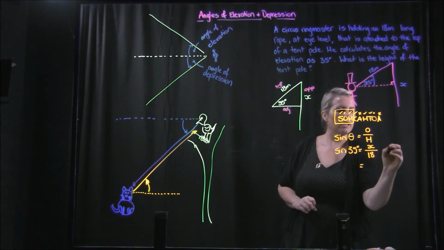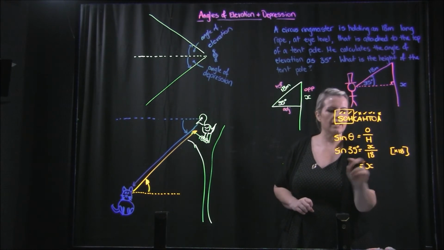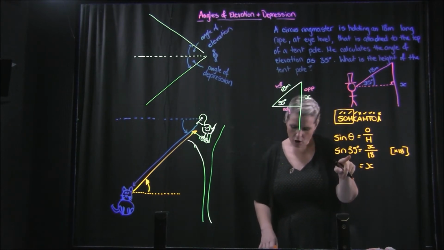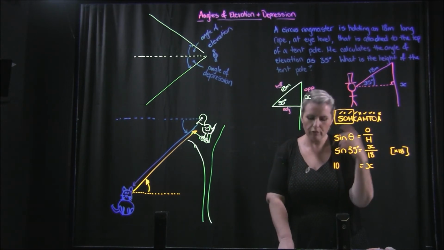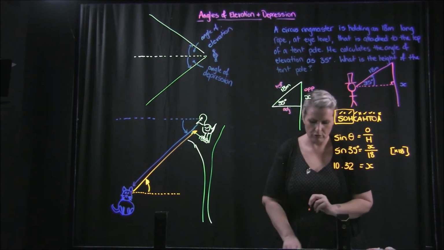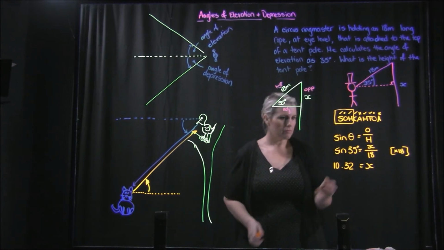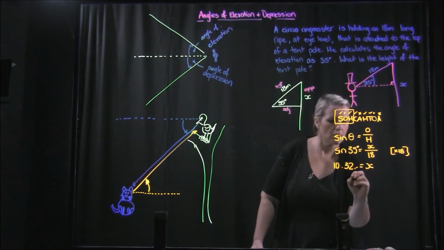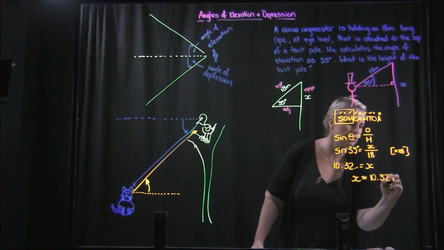So if I'm dividing by 18 here, if I multiply by 18, that gets rid of that and leaves X, and I multiply by 18 on this side. I just go sine 35 multiplied by 18, and I get about 10.32 meters. So X is approximately 10.32 meters.